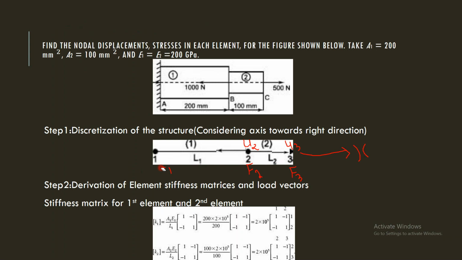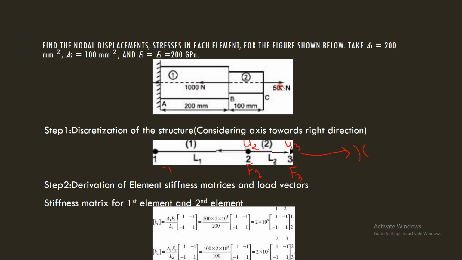If you look at the actual problem, at F1 we don't have any external force, so I chose that as 0. At load 2, F2 should be 1000 Newton, but it is in the opposite direction of the coordinate system, so I have to take it as minus 1000.